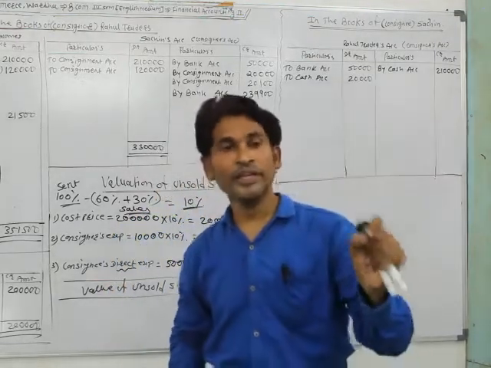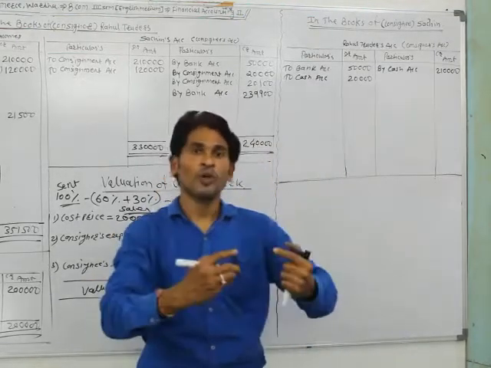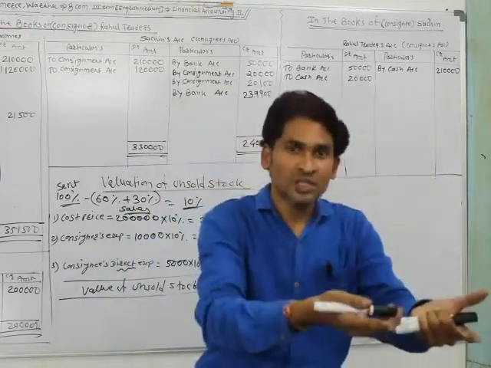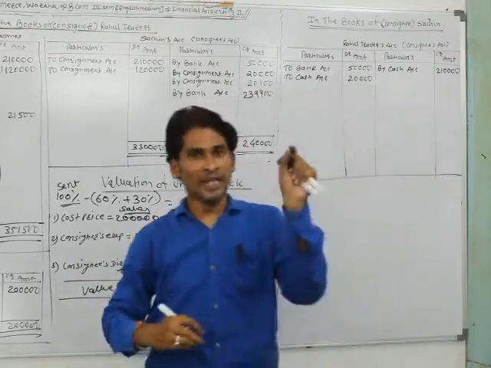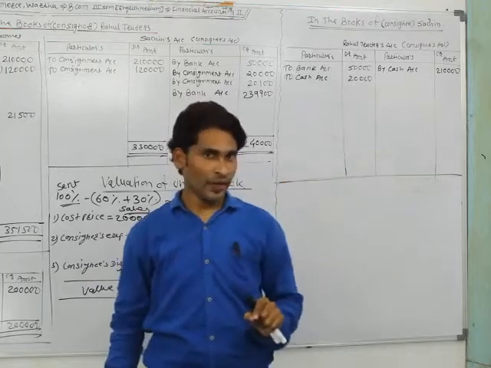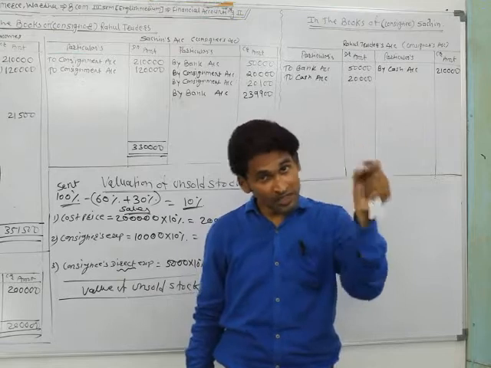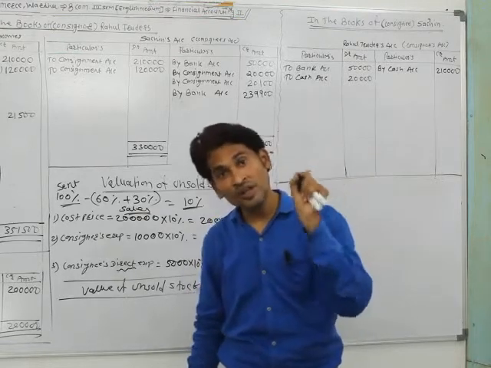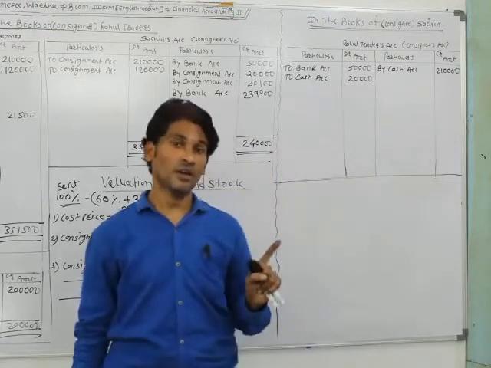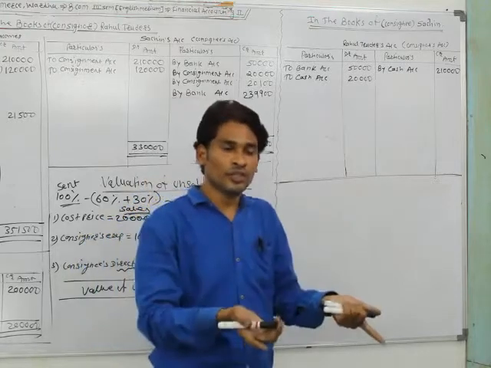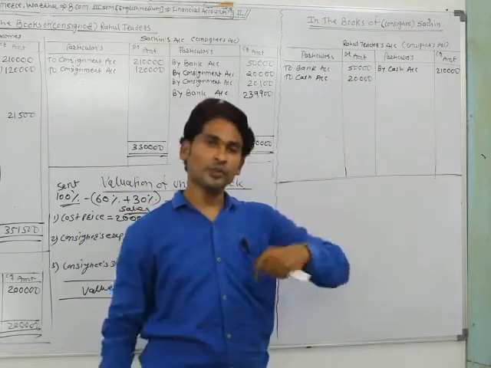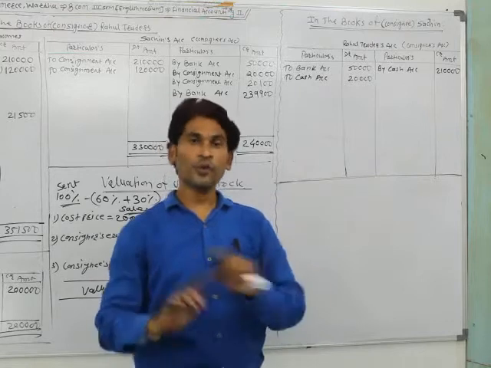Sachin sold 30% of the consigned goods on credit. At that time, it passed the journal entry: sundry debtors. It becomes debtors. When you sell goods on credit, at that time they create debtors, and we prepare that particular person's account in the ledger book to whom we sold the goods.